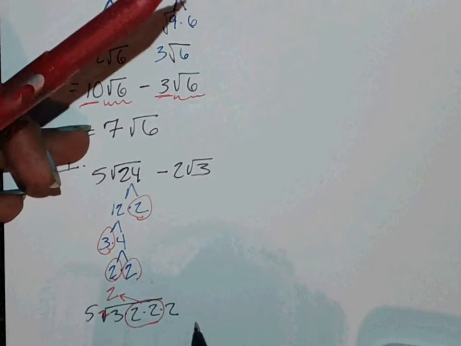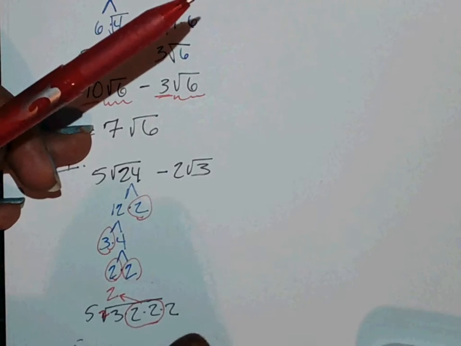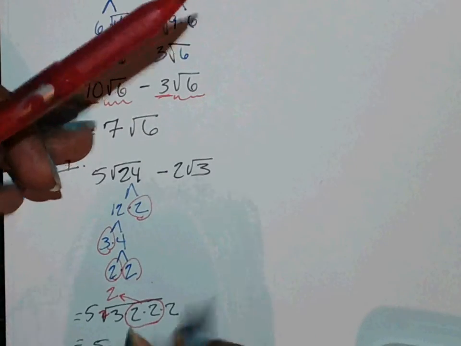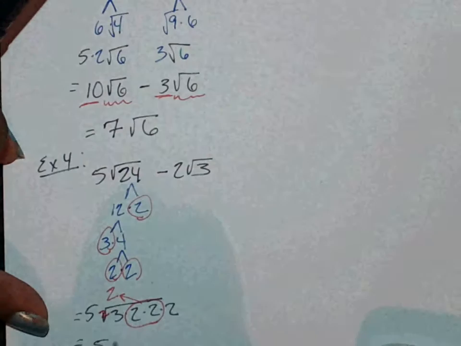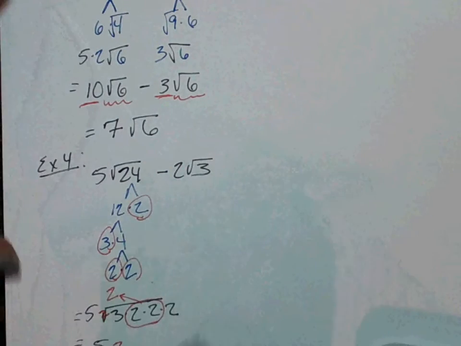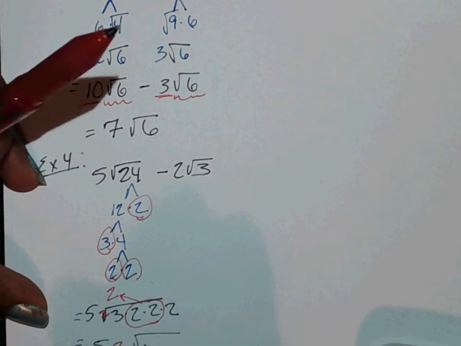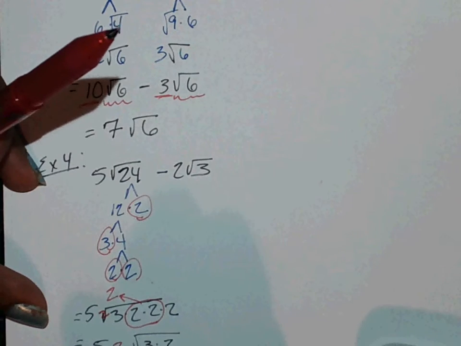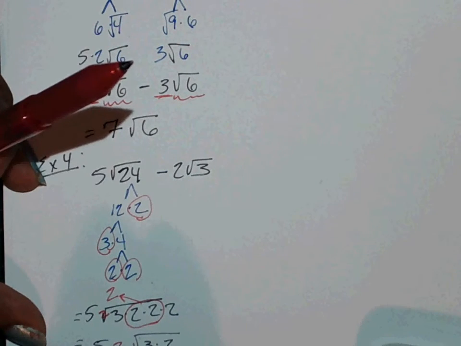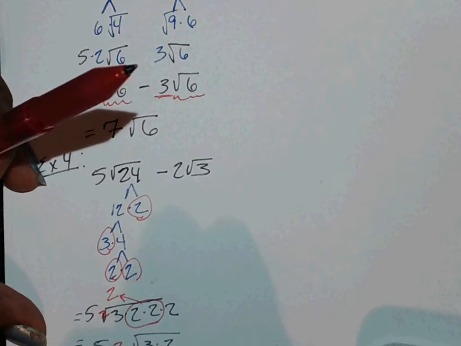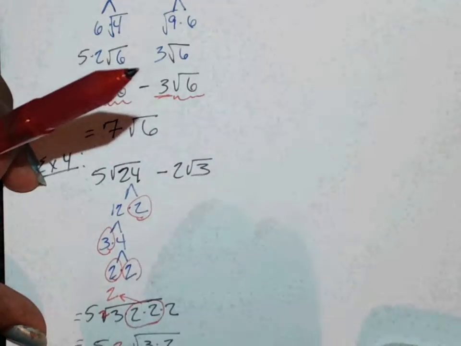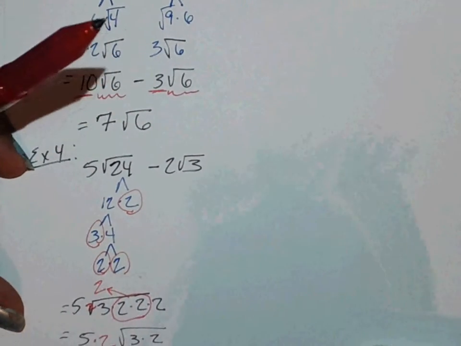Don't have anything else to marry, so I end up with 5 times that 2, square root of what was left, which is 3 times 2. So I really have 10 square root of 6 minus, I can't break that down anymore, 2 square root of 3.